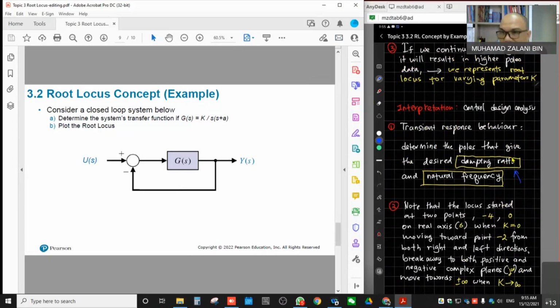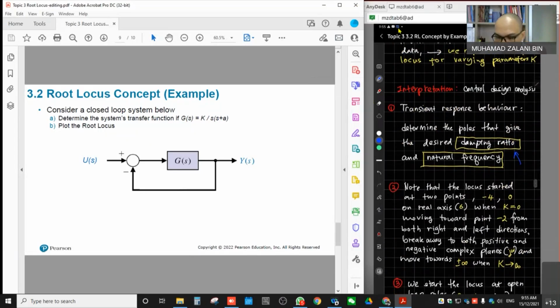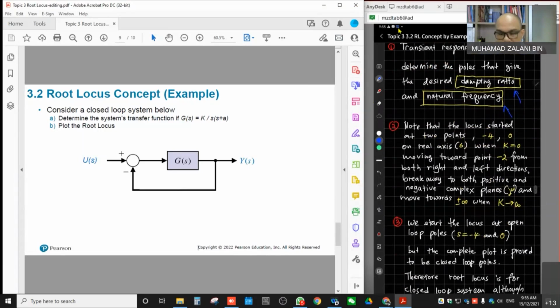Damping ratio is the thing that we want to evaluate when we do the root locus technique, right? And then also the natural frequency. Damping is something like that. Natural frequency is like that, right? We have learned this. So if we combine these two, it should have an exponential function and the oscillatory behavior like that, the sinusoidal function.